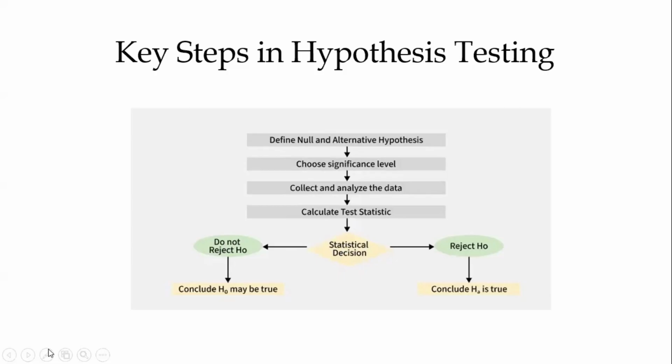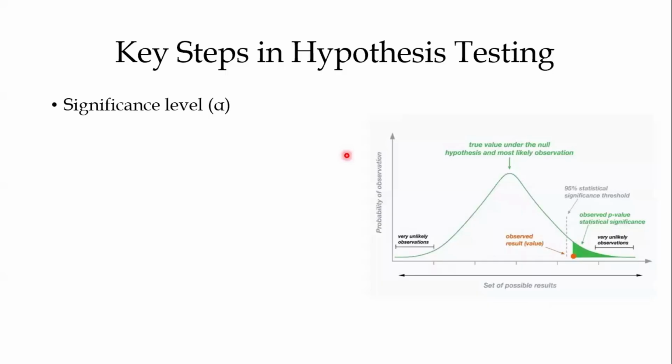We've already defined what a null and alternate hypothesis is. Let's look at significance level. So we've stated our null hypothesis that there is no difference in the mean systolic blood pressure between those who are taking the new drug versus those who are taking placebo. So what is this significance level that was proposed by Fisher?